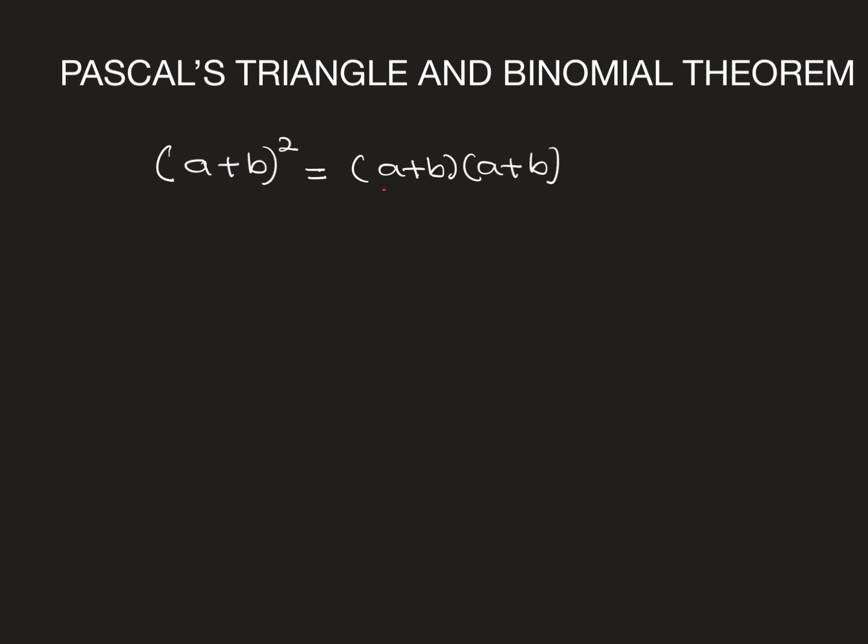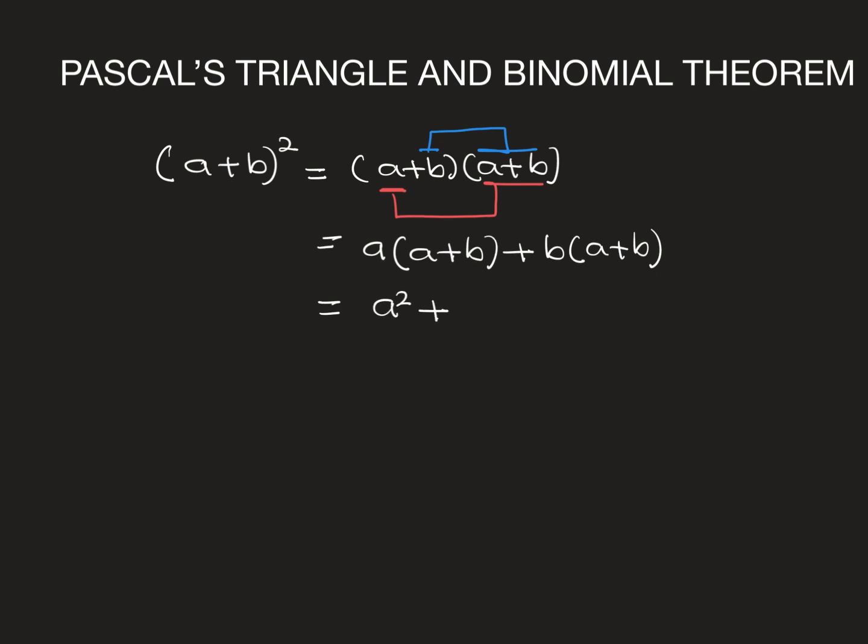Well, you take this A, multiply it with A plus B, then take the B and multiply it with A plus B again. With that, you will have A into A plus B plus B into A plus B. That will be A squared plus AB plus AB plus B squared.